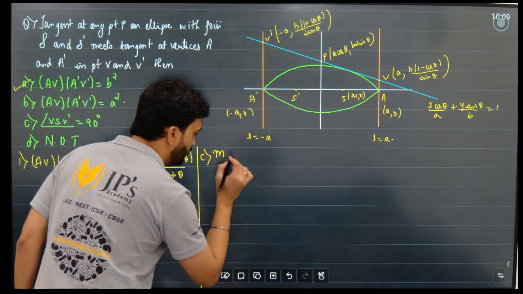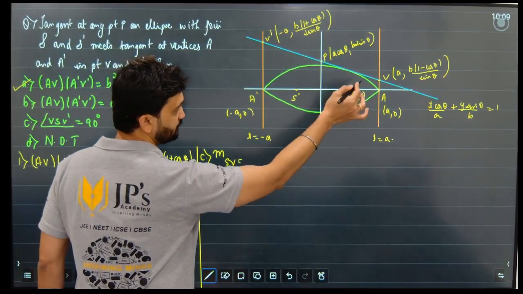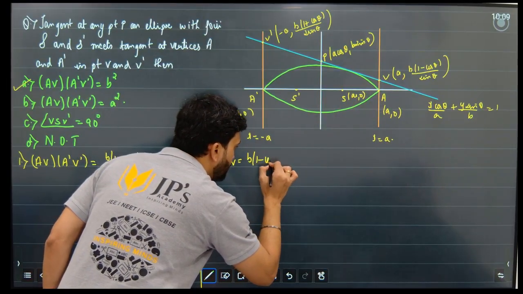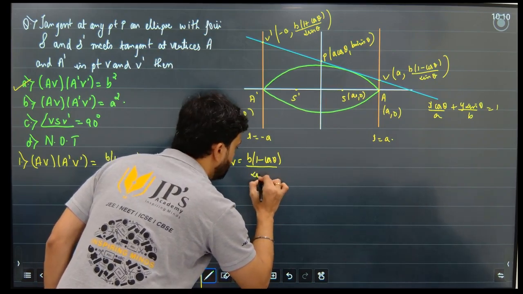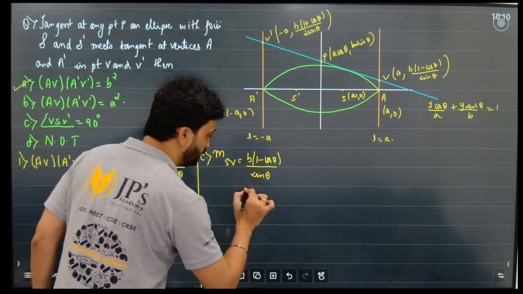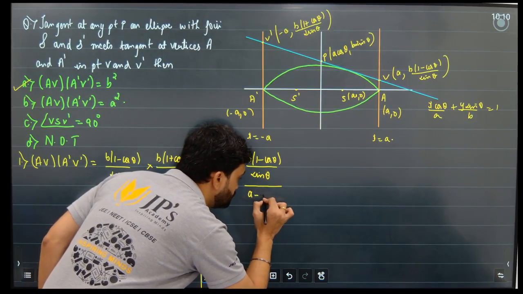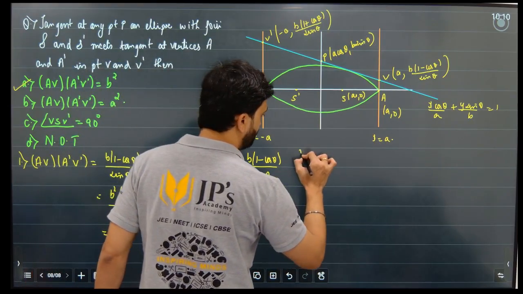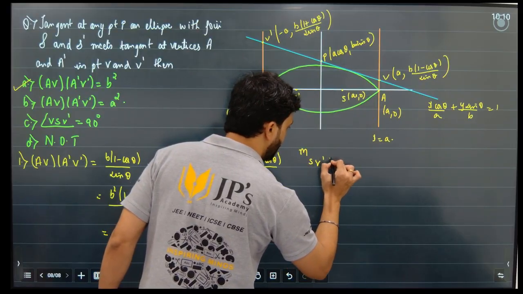Let's do one thing, take a common point. Let's find SV. SV means y2 minus y1 upon x2 minus x1. So b into 1 minus cos theta upon sin theta, y2 minus y1 upon x2 minus x1. This is SV. Let's find out slope of SV and let's find out slope of SV'.